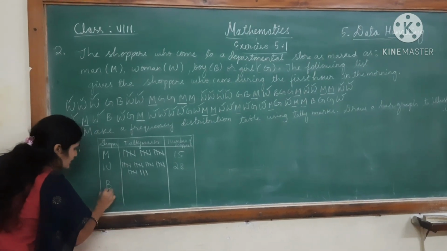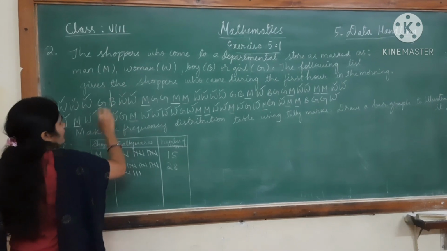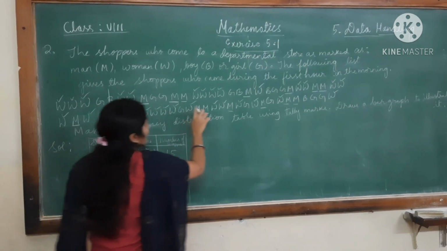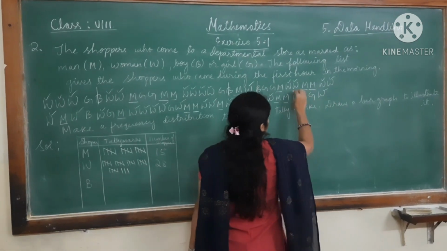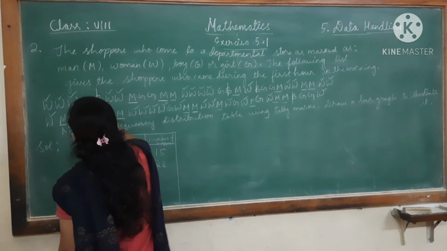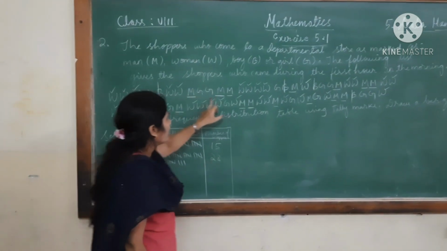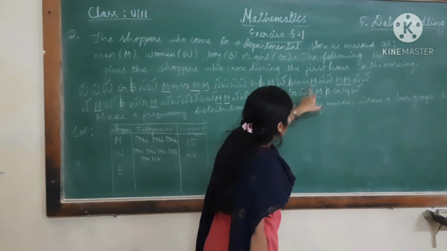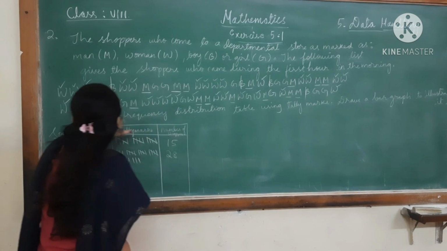Now boys. 1, 2, 3, 4, 5. So there are 5 boys in the given list.